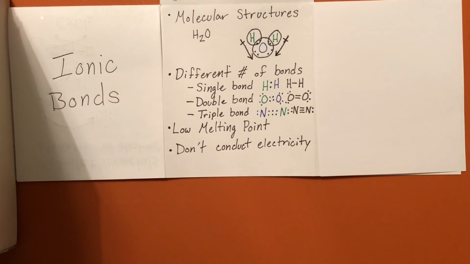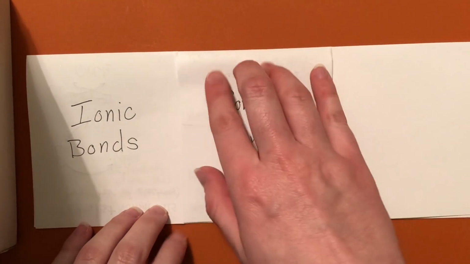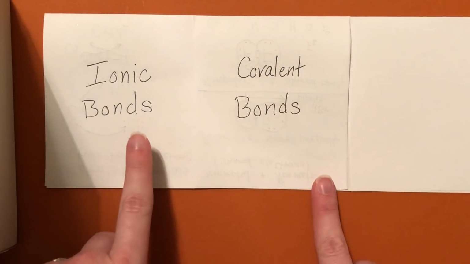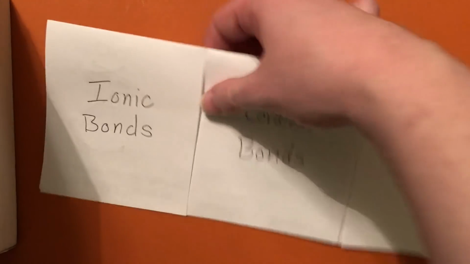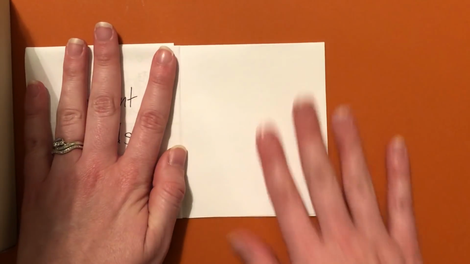And that is everything we have in review for covalent bonds. So that covers everything that we've talked about so far: Monday with covalent bonds, Tuesday and Wednesday with ionic bonds, and just a little bit of review in the middle. I'm running out of room because I want to keep this nice and centered for you guys.